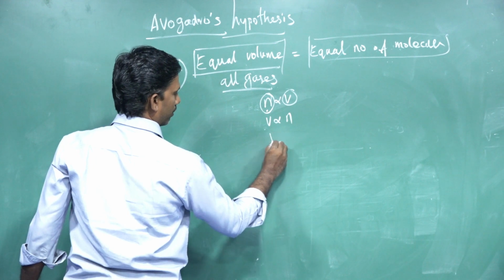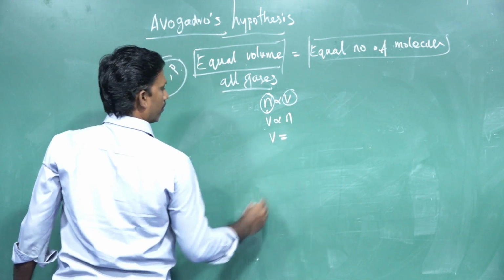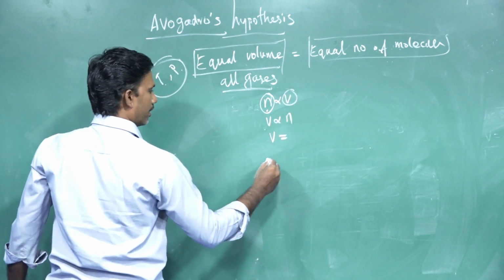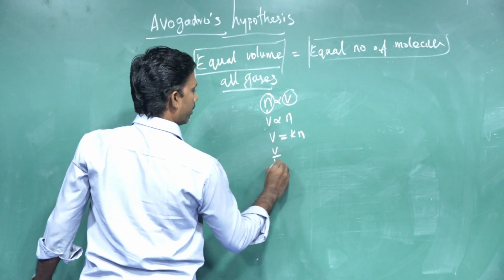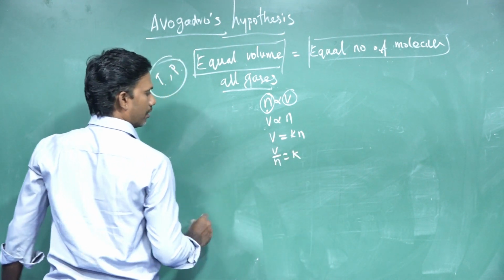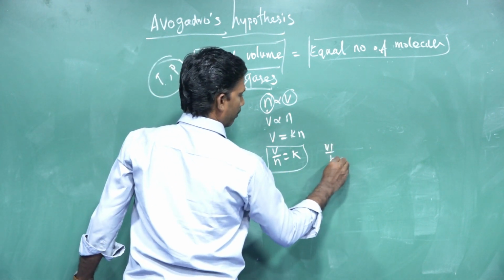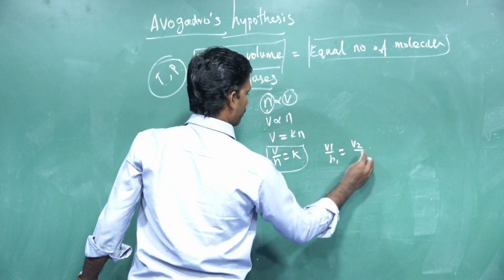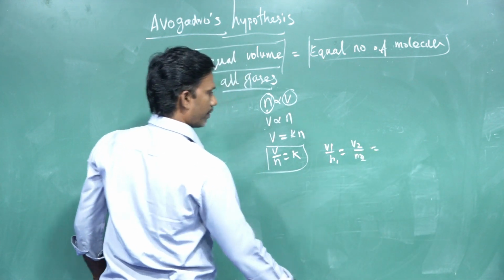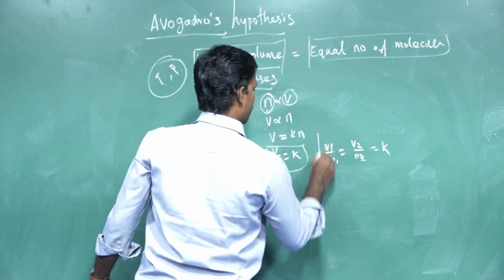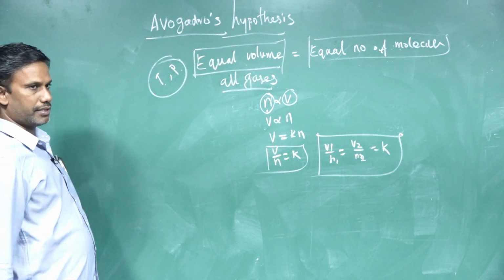Then we can derive the expression V equal to K into N, or V by N equal to K. Then V1 by N1 equal to V2 by N2. Okay, this is all about the Avogadro hypothesis.